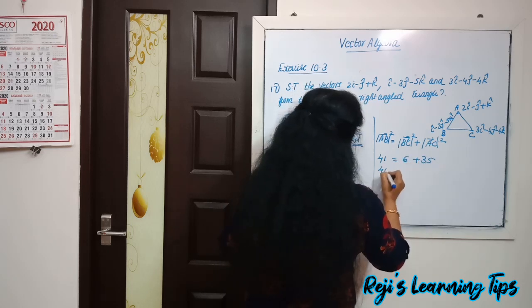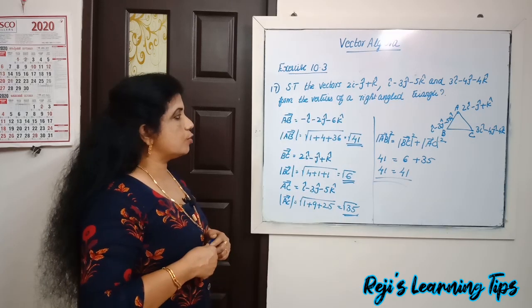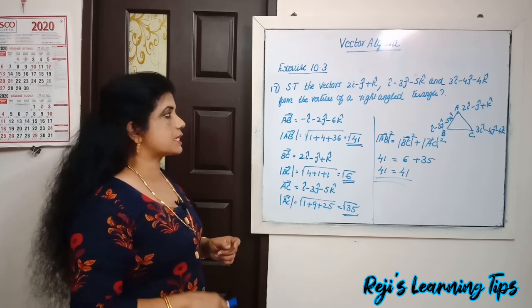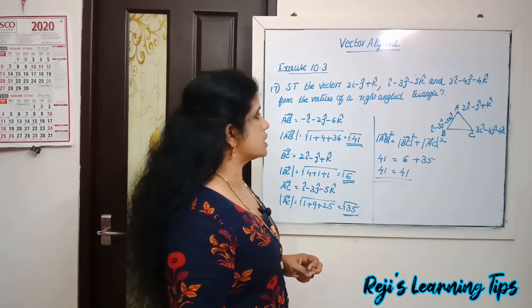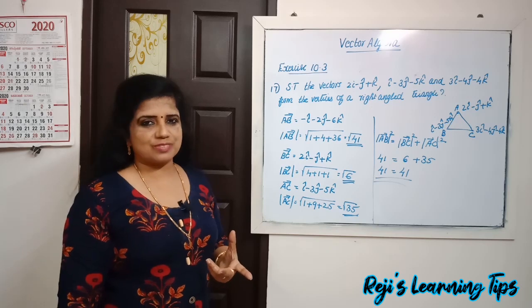So 41 is equal to 41. Then we can say that these three vertices, 2i minus j plus k, i minus 3j minus 5k, 3i minus 4j minus 4k, form the vertices of a right angled triangle.